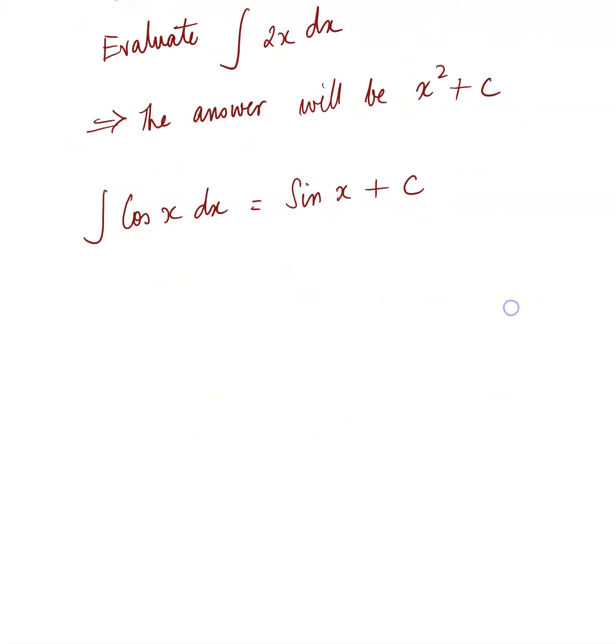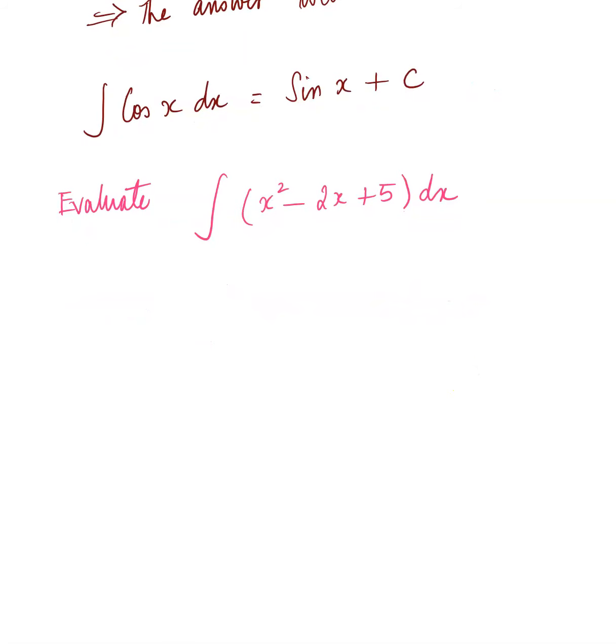So let's do a couple of problems now of this type. Evaluate integral x squared minus 2x plus 5 dx. See how crisp and concise it is? We're basically finding the antiderivative, so go ahead and understand that here n is 2, 1, 0, and it's all the power rule that we're using, the reverse of this.